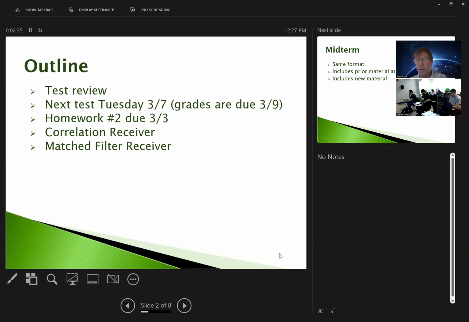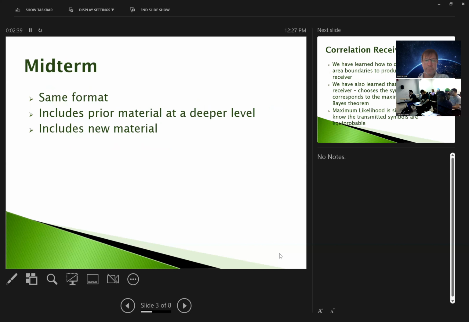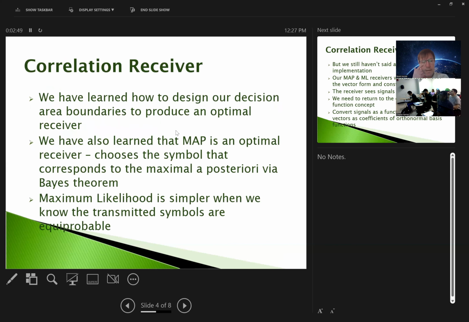So all right, now let's cover a little bit of new material, correlation receivers. Same format, prior material, but maybe at a deeper level, and include some new material. On the correlation receiver, we've learned how to design our decision area boundaries to produce an optimal receiver, right? And we have rules that we can follow.